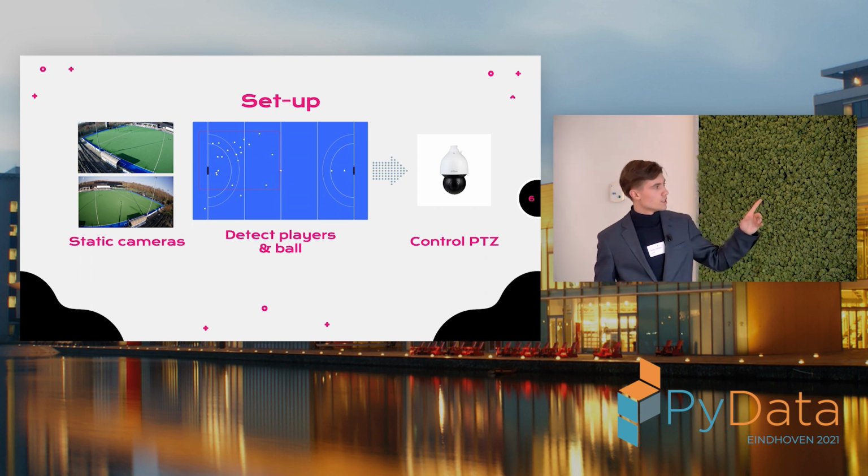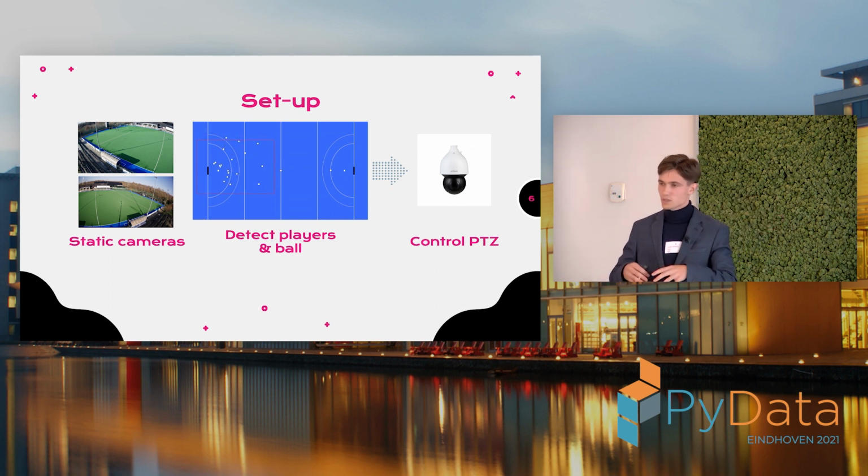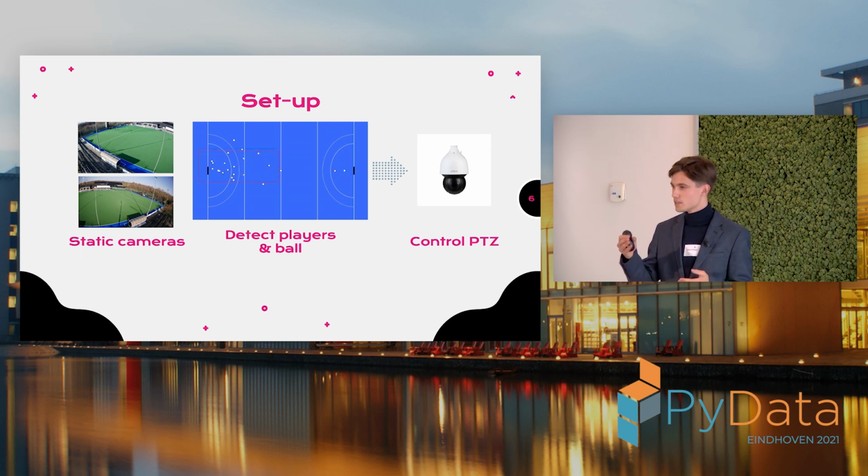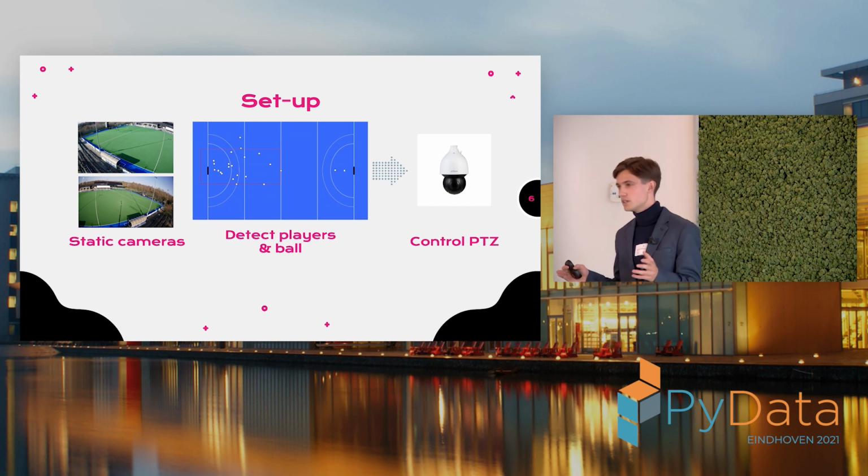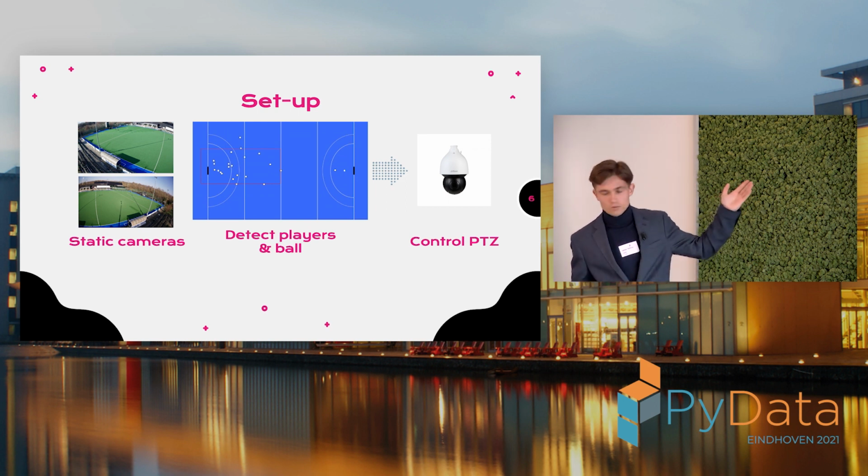What is important to note here is that we have everything on-premise for now. So the static cameras are on-premise, the PTZ camera is of course also on-premise because it has to film the pitch, but also there's a local server, because if you're talking about, for example, full HD images that we want to send in 25 frames per second, we're talking about like 150 megabytes per second that we have to send per camera.